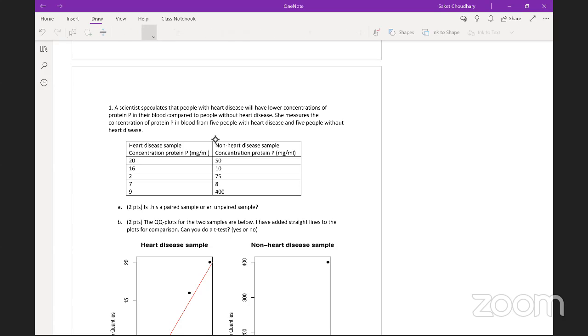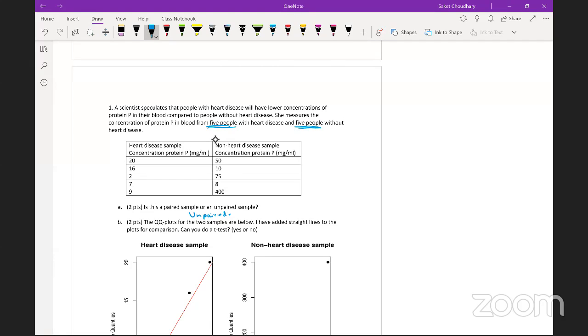The reason this is unpaired is that you can run it in two ways. The first way is that you cannot both have heart disease and not have heart disease. And the other way is that you're given that these are 5 different people. Given this information explicitly, it's unpaired.